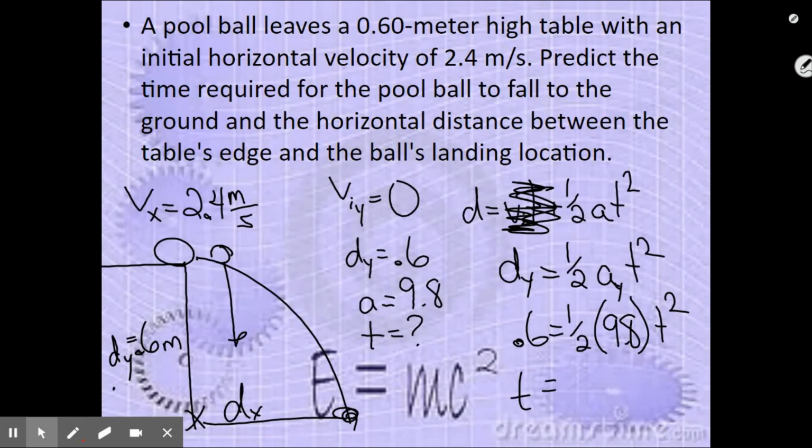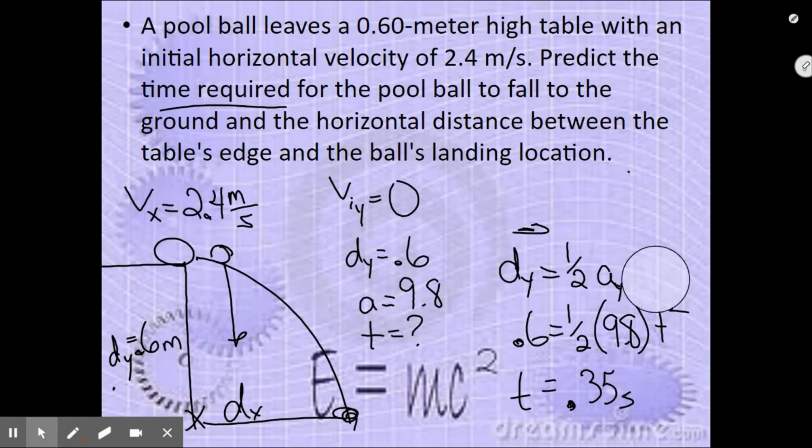So t, 0.6 divided by 1/2 divided by 9.8. Then I'm going to get my square root. And so my time to fall down to the ground is 0.35 seconds. So that answers the time required. So I'm going to put that up where I can save it. Time is 0.35.